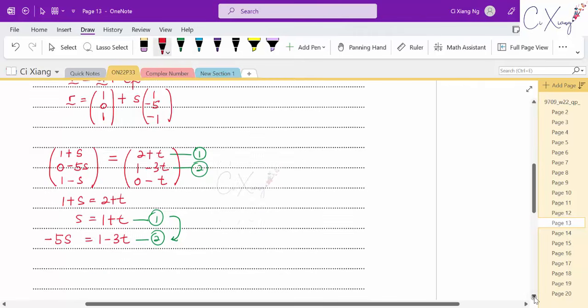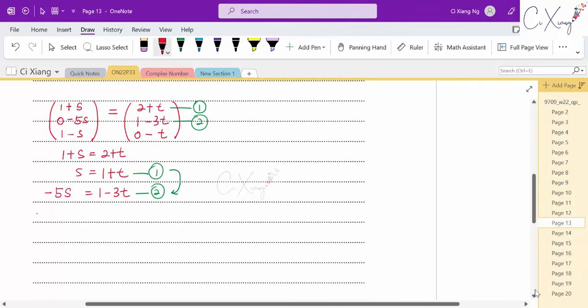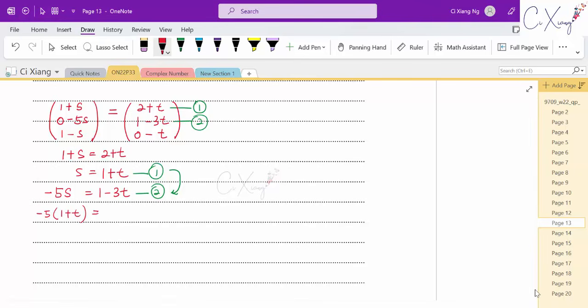If I substitute 1 into 2, then basically I'm having negative 5 times (1 plus t) equals 1 minus 3t. And I try to solve for the value of t. Okay, negative 5t, move it over, I'm having positive 2t. And then the 1, when I move it over, I'm having negative 6. Therefore, t should be equal to negative 3.